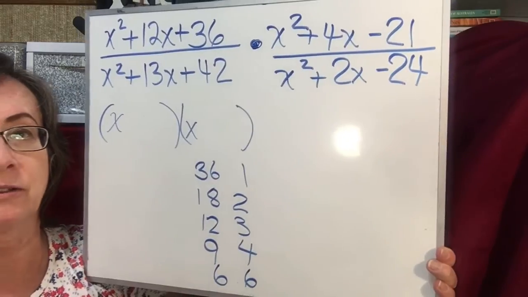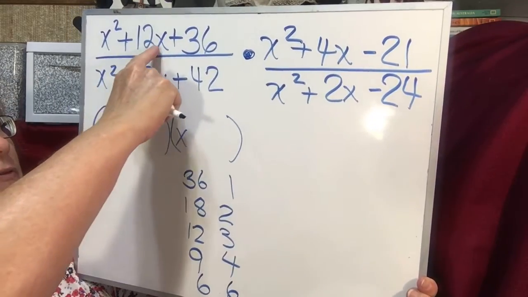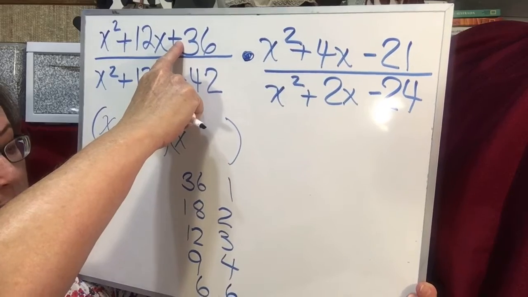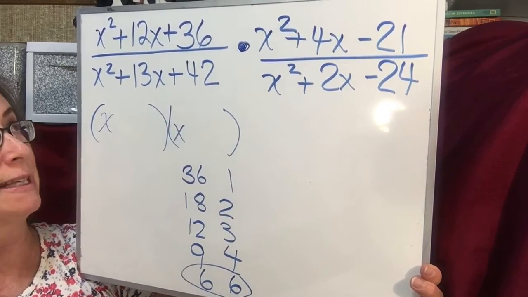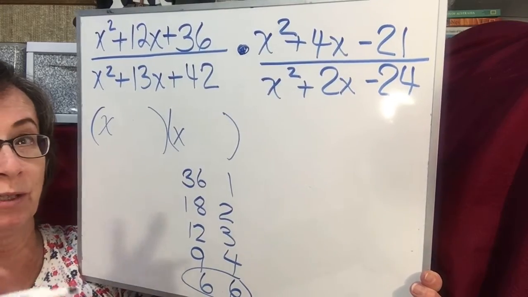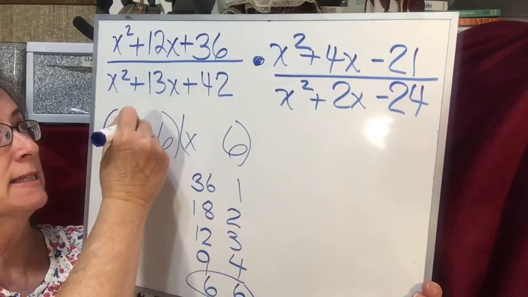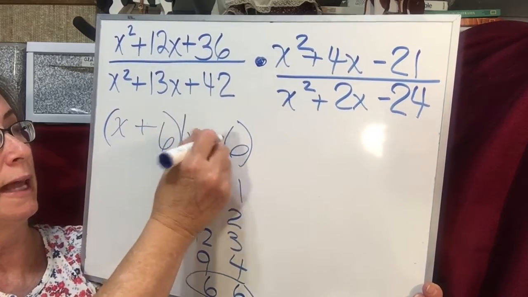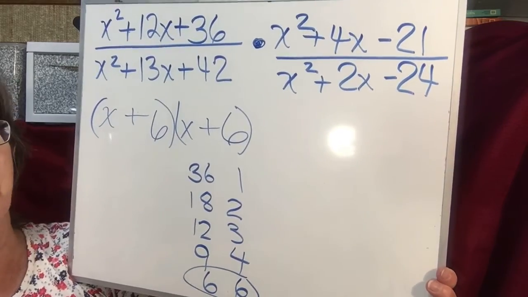Those are the factors of 36. Now we've got 12 and we've got a sum. So won't we use 6 and 6? Because 6 and 6 will give us a 12, but multiply to 36. So 6, 6, plus, plus. Now FOIL it in your head and see if you don't get what you're supposed to there.